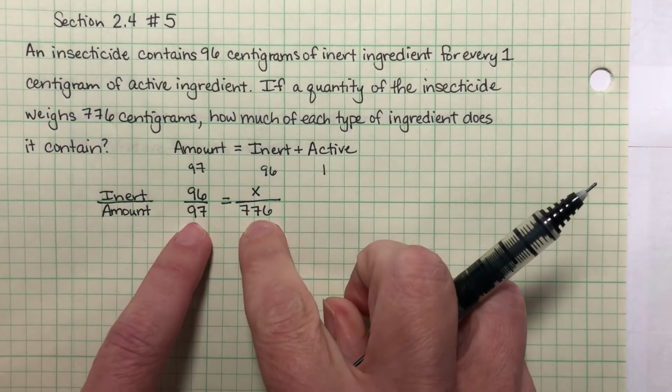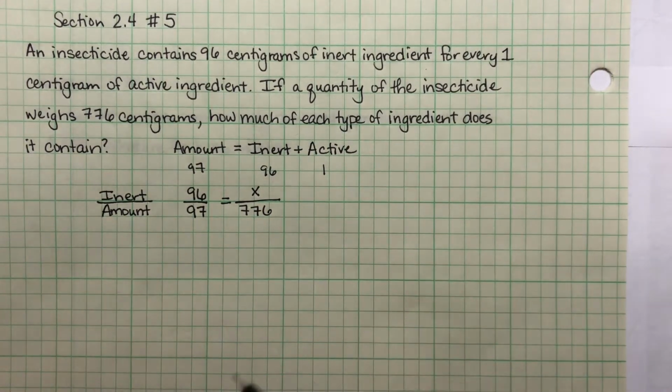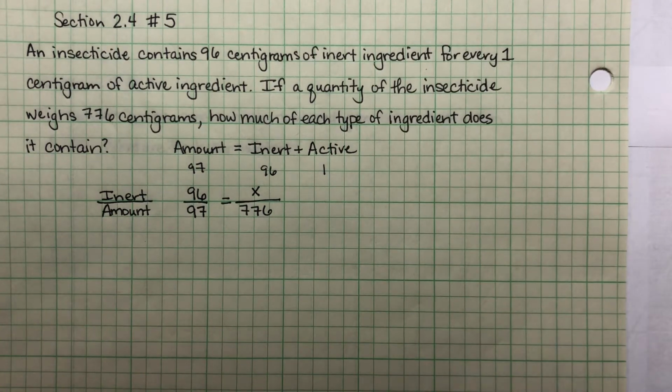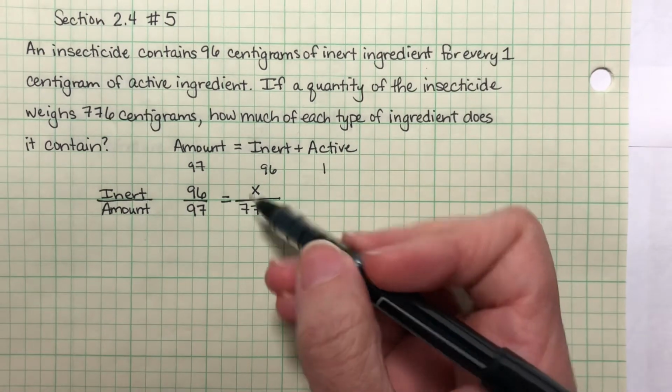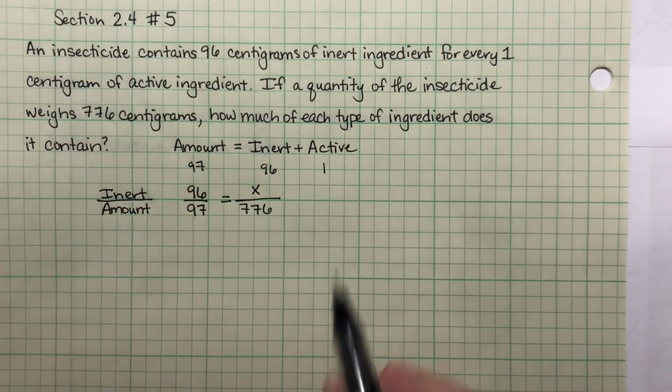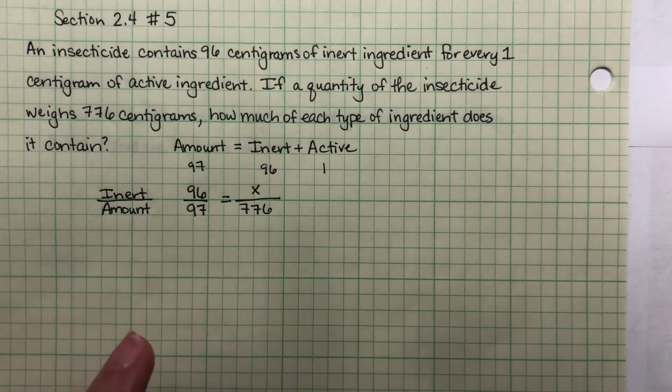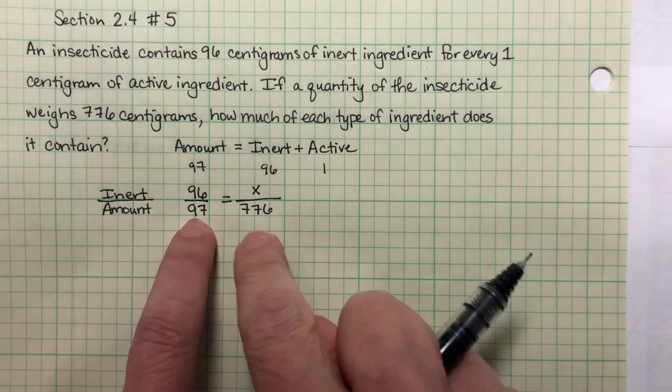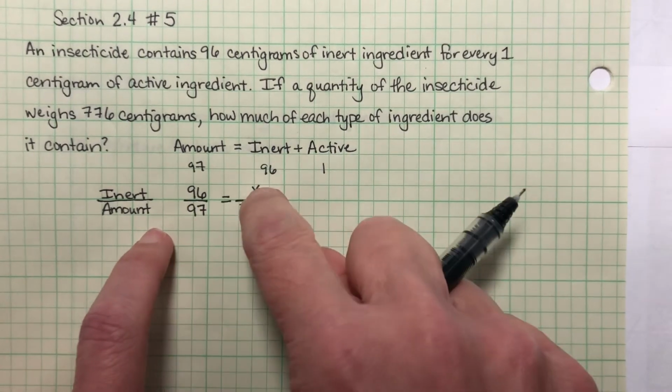Now, when you have a fraction equal to a fraction, we know that we can multiply both sides by the reciprocal. I could multiply both sides by 776 and see what I get. But when you have a simple fraction equal to a simple fraction, we are allowed to cross multiply.